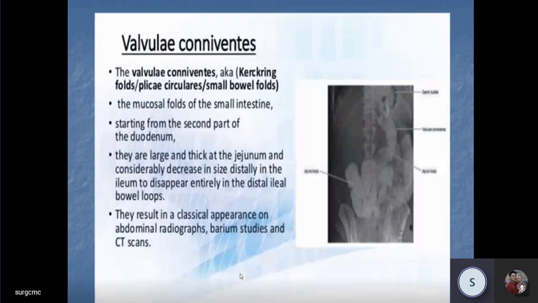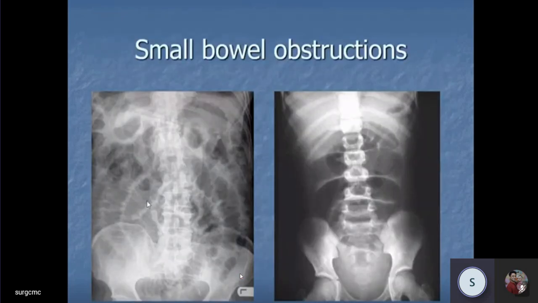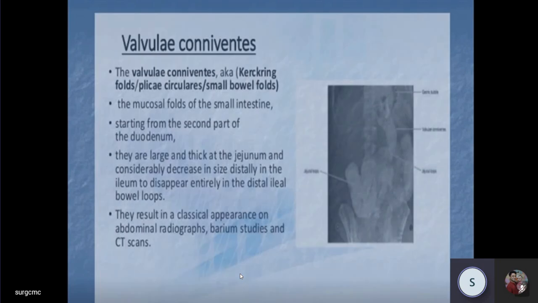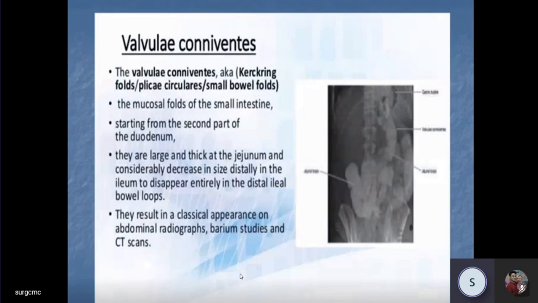What we have seen in this plate is known as valvulae conniventes. Valvulae conniventes are a feature of mostly the second part of the intestine, the jejunum. So in jejunal obstructions, the mucosal folds become prominent. The classical picture we have seen there. If you see prominent valvulae conniventes in the dilated bowel loops, probably you are dealing with a case of jejunal obstruction.